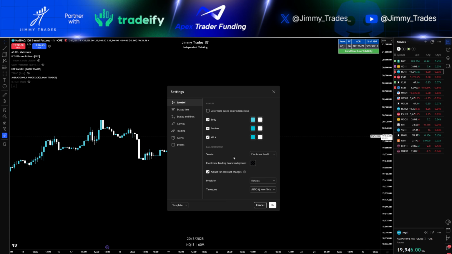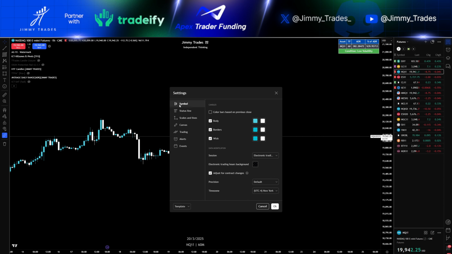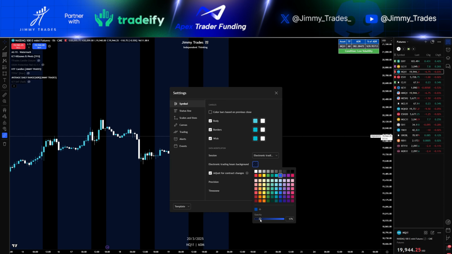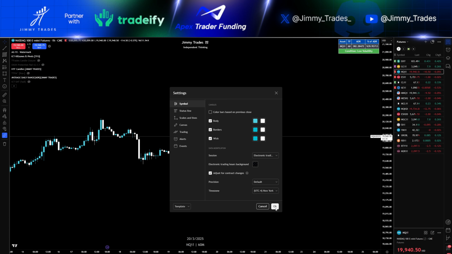That is where you want to be. So you want to go into settings to do that. Right click on the chart, go to settings, make sure in symbol, and then electronic trading hours background. Just move that to a 0% opacity. That's all you need to do. And those blue lines will disappear. Let's just turn it up a little bit. You'll see those lines. That's what I'm talking about. Move it to 0% and that will get rid of them.